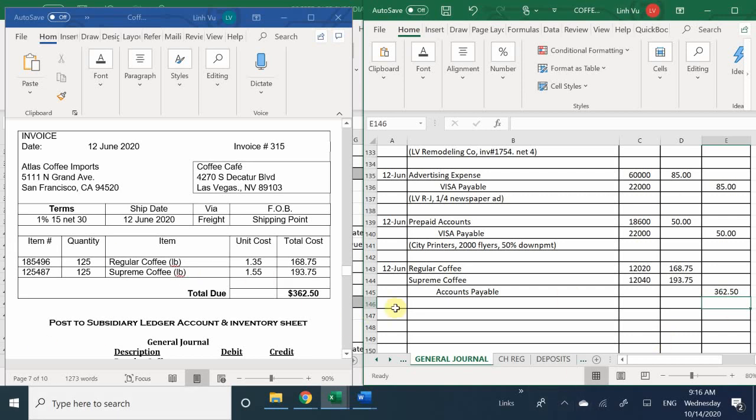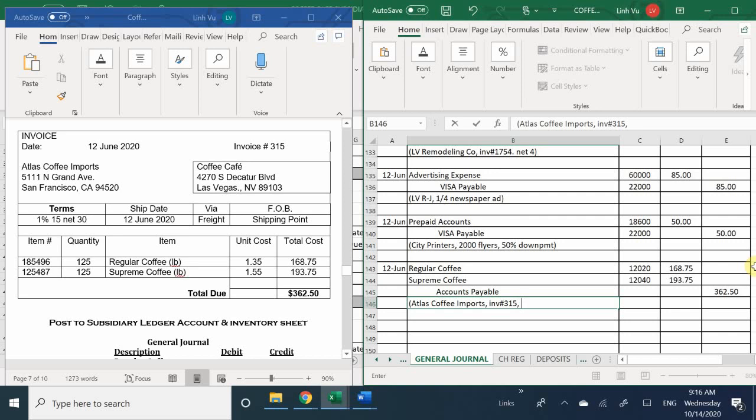Now, I'm going to also indicate in my description that I received this from Atlas Coffee Imports, and this is for my invoice number 315. All right, and I'm going to go ahead and throw in my terms just so I can have an idea.